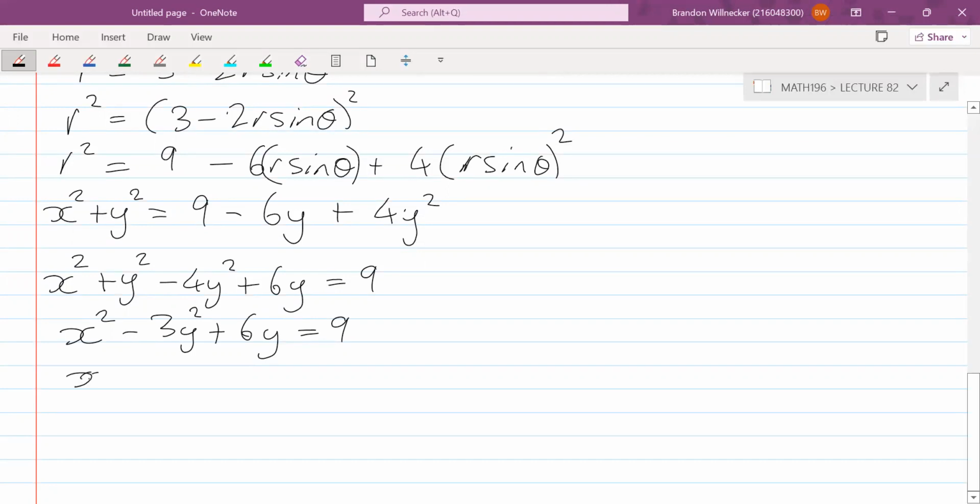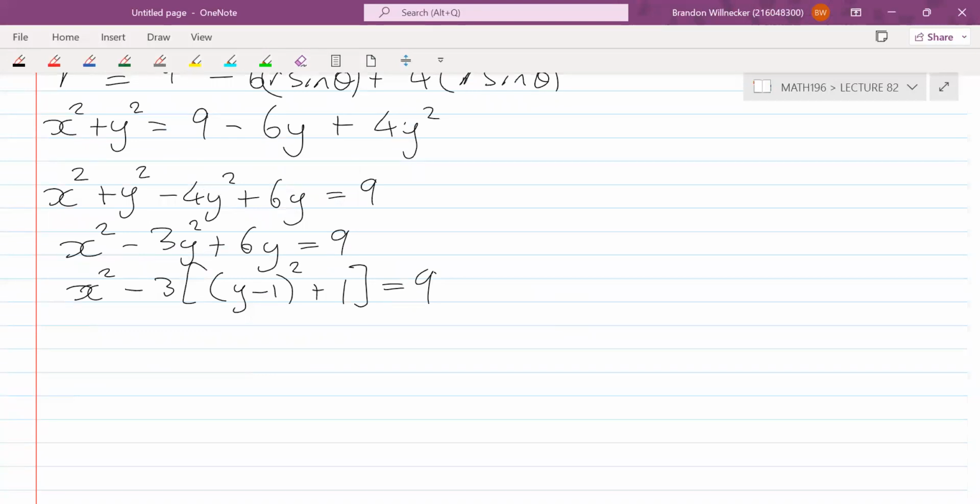So x squared minus 3, and then we can write the remaining terms as (y minus 1) squared plus 1 to cancel that extra term that we've got there. And this is equal to 9. Okay, so we just factored out the minus 3, and then we completed the square.